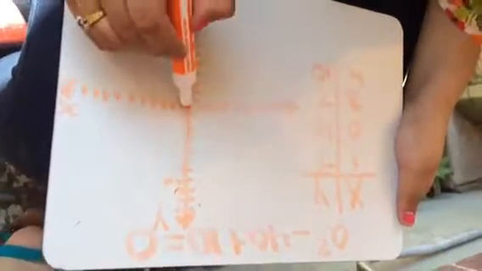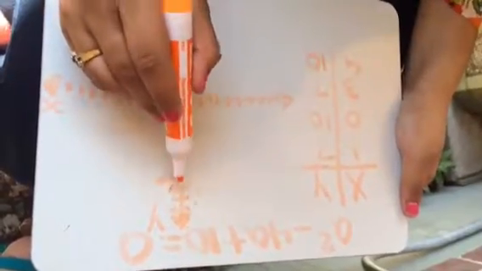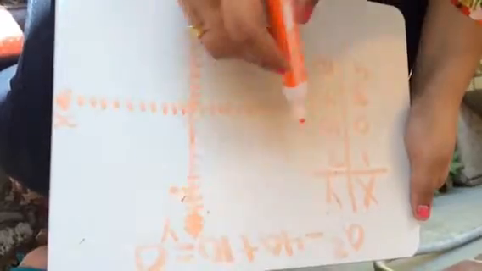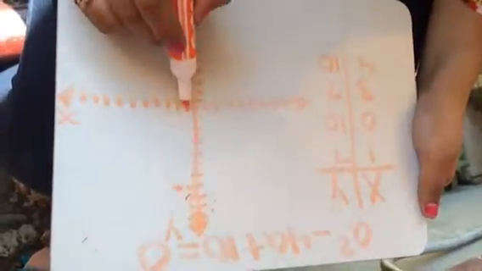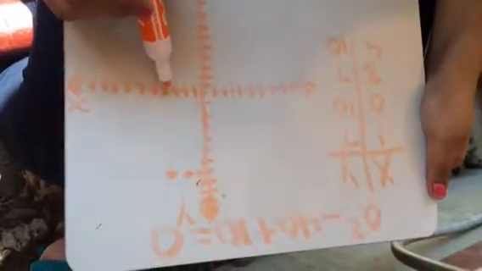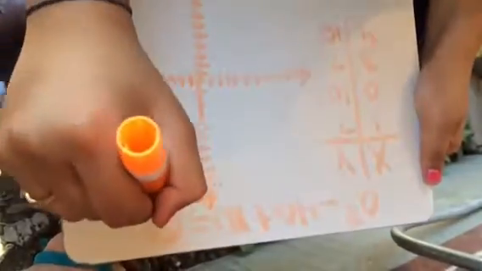Then for 0, you go up 10: 1, 2, 3, 4, 5, 6, 7, 8, 9, 10, which is right there. Then 3, up to 7. And then 4, all the way up to 10, and then it would look like that.